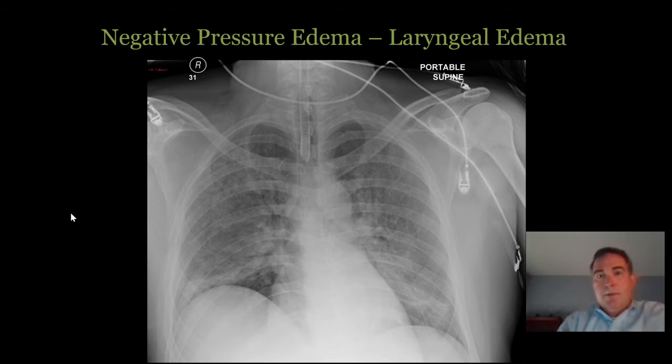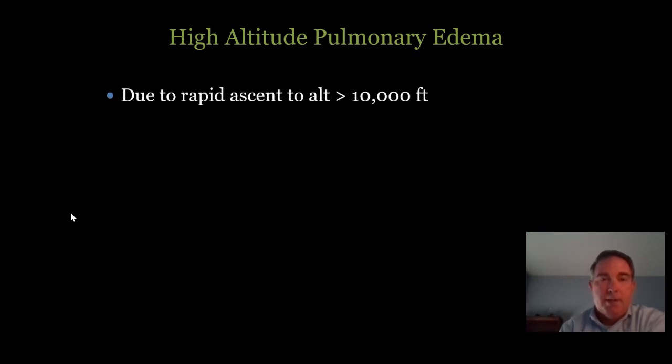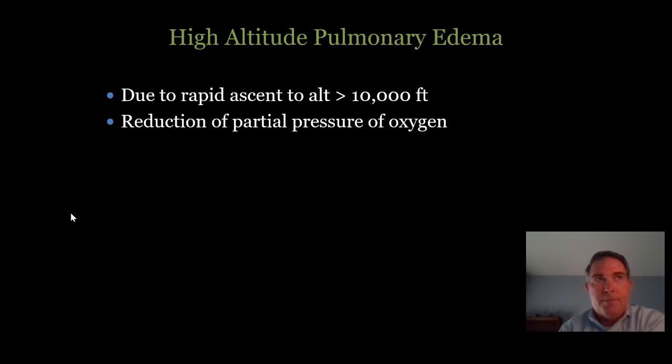Negative pressure edema from this is a laryngeal edema causing negative pressure in the chest that can pull fluid into the alveoli. High altitude pulmonary edema is due to a rapid ascent above 10,000 feet. That's why I've never done this, but I think I've seen those shows where they hike to base camp and let your body acclimatize or something.